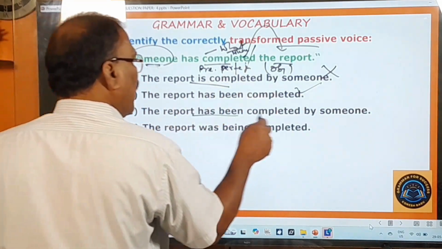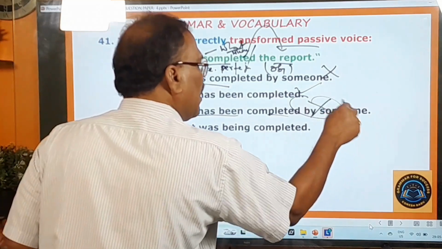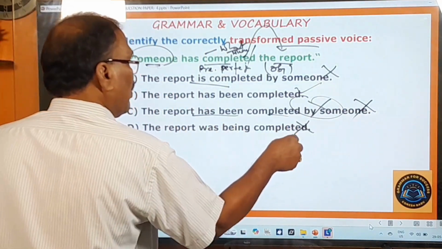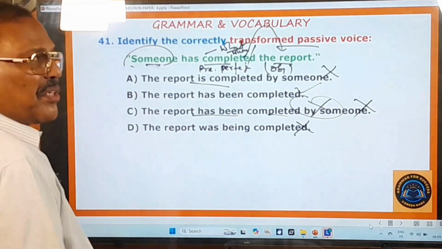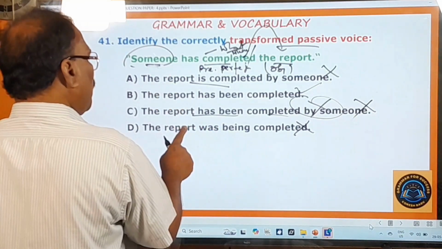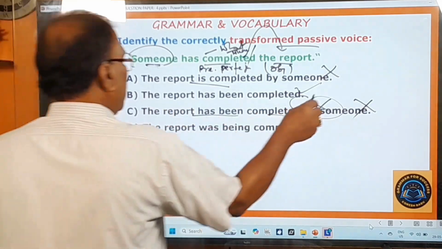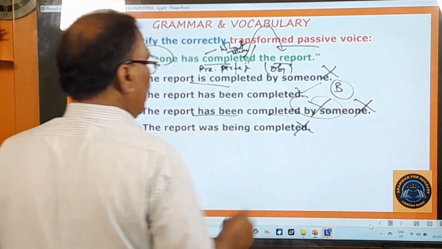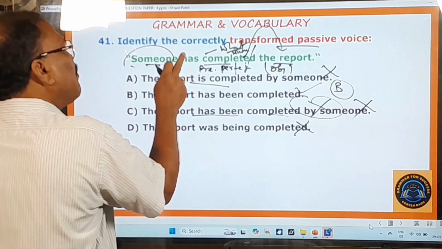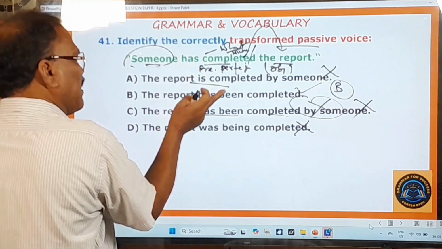And the report has been completed by someone. This is unnecessary. Therefore, this is wrong. The report was being completed. This is wrong. It is given in the past continuous tense. So, in this way, first one, third one, fourth one are gone, and only the second one, that is the B one, is the right one. This is how you will change the given sentence into passive voice.